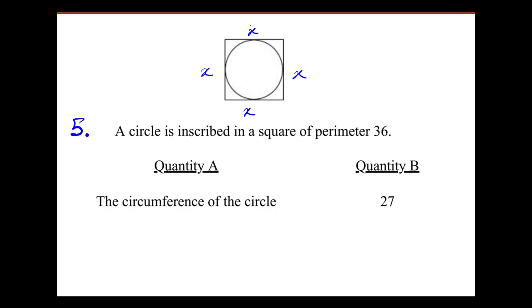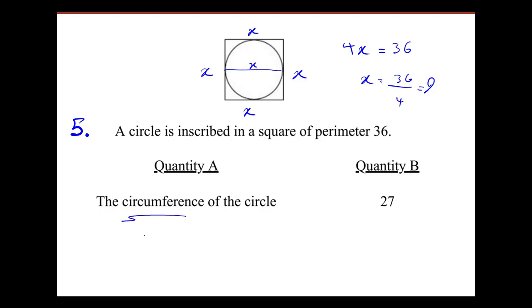So the perimeter is the summation of these, 4x. So 4x is 36. So x is 36 divided by 4, so it's 9. X is 9. Okay, this is the diameter of the circle. So the diameter is parallel to this x and they are equal. So this one is x.